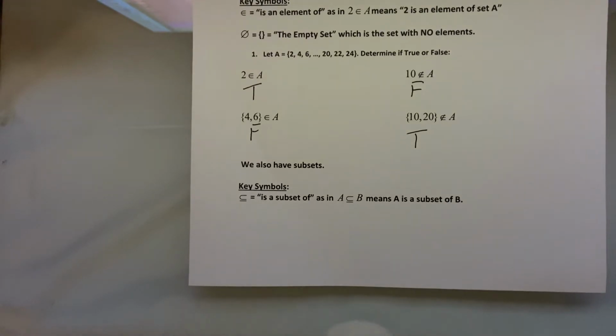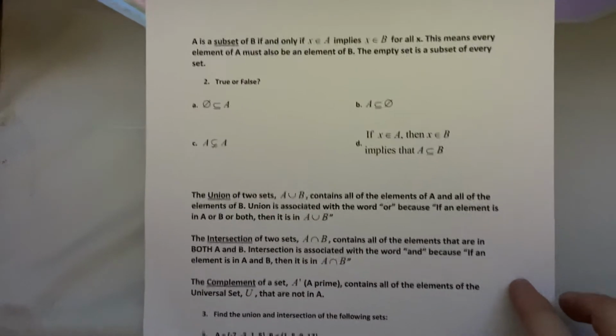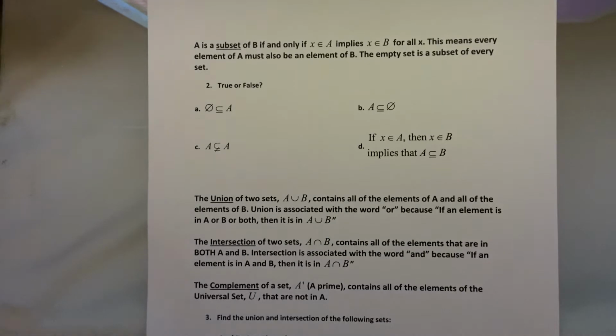A is a subset of B. What that really means is that if there's any element in A, that element must also be in B. So basically B is like a bigger set containing everything A has in it already. So the technical definition: A is a subset of B if and only if any element in A implies the element is in B.